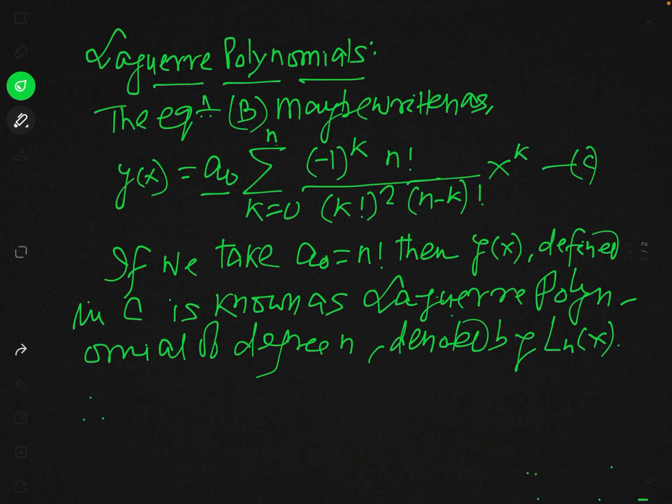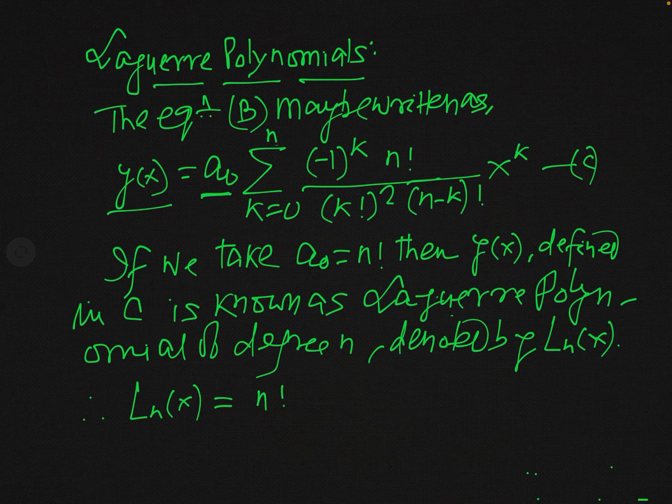Therefore, instead of y of x, you can write ln of x, which is Laguerre polynomial of degree n, when we take a naught equal to n factorial.